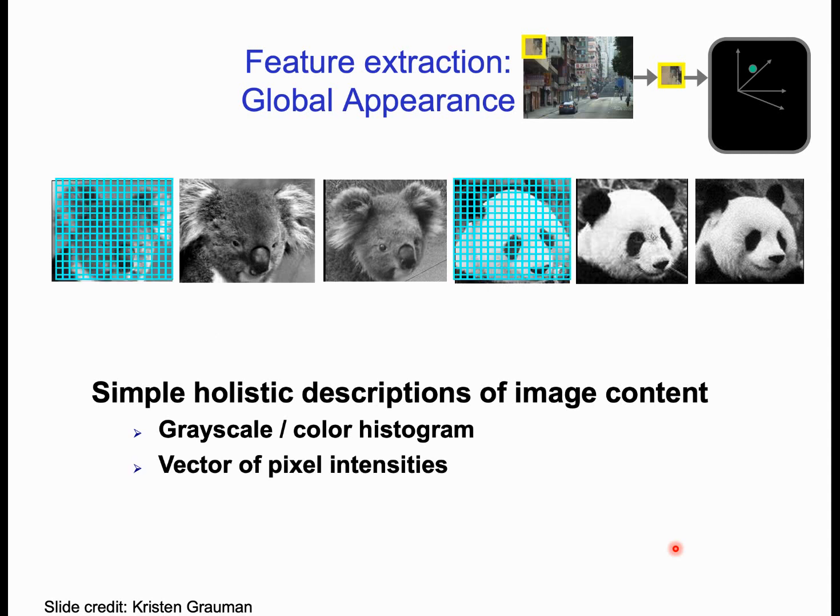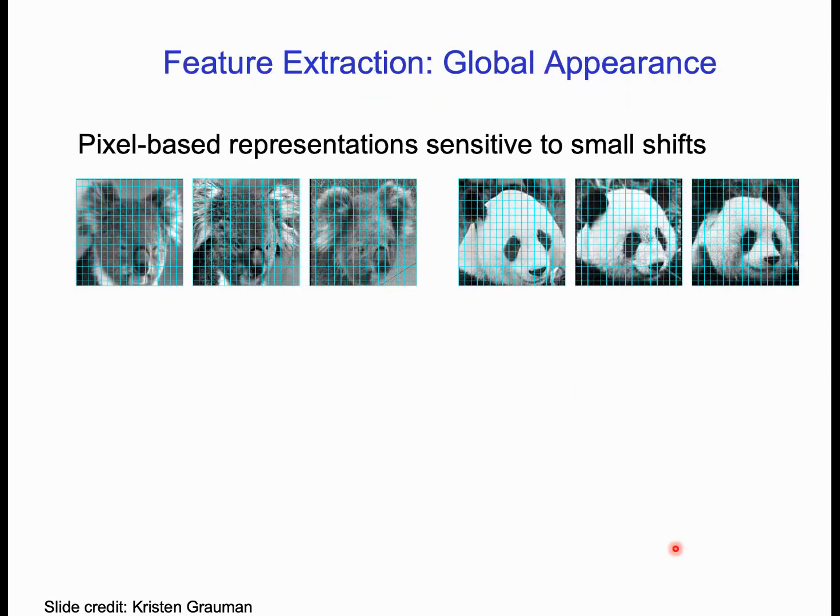I can even say, for instance, you know what? Maybe I can just vectorize the entire image, pixel by pixel, and use that as a representation. Now, these are both a little bit not well thought out. So the pixel-based representation is obviously extremely sensitive to small shifts. So even if I actually have a very small shift in the image, the entire representation will be different.